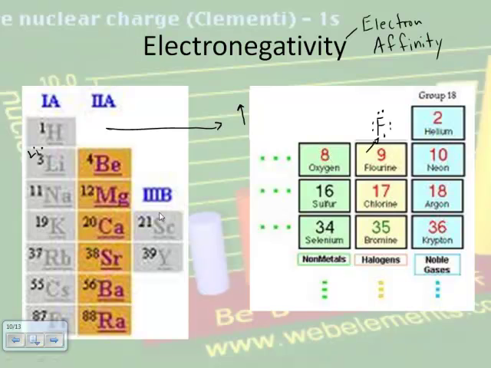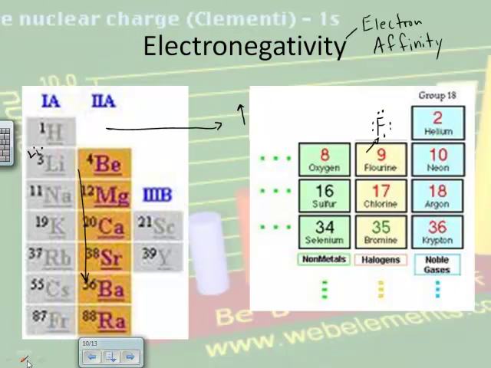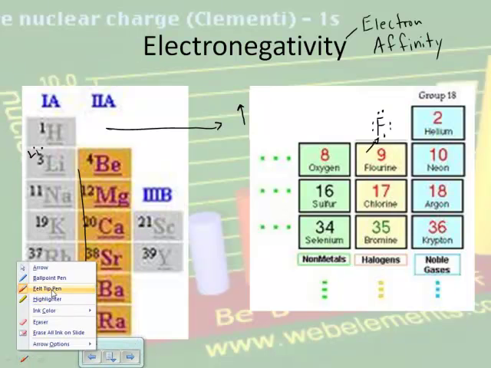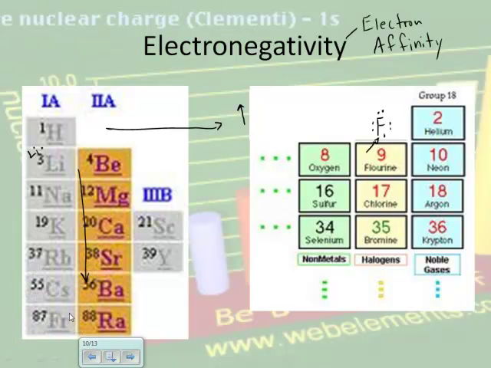Now let's talk about shielding. As we go down the periodic table, in the alkali metals, we talked about lithium and francium. Francium has a very low electron affinity. It gets rid of that electron quickly.